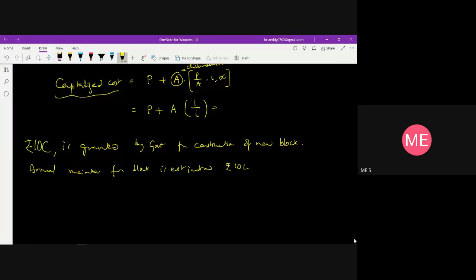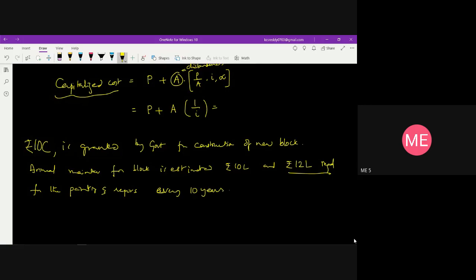And rupees 12 lakhs is going to be required for painting and some small repairs. Painting and repairs, 12 lakhs is required. Not every year, this is for every 10 years. So this is assuming that it is every 10 years.